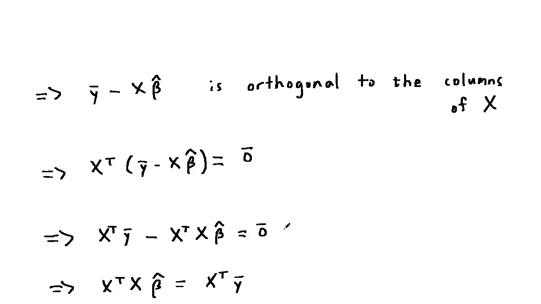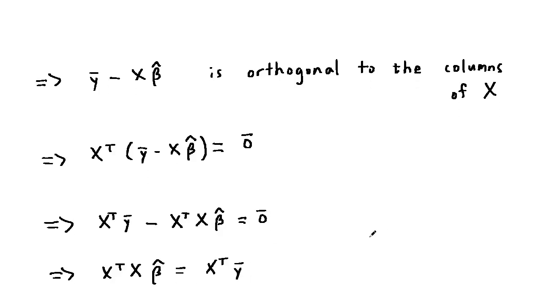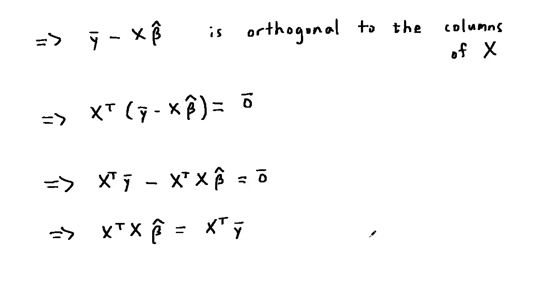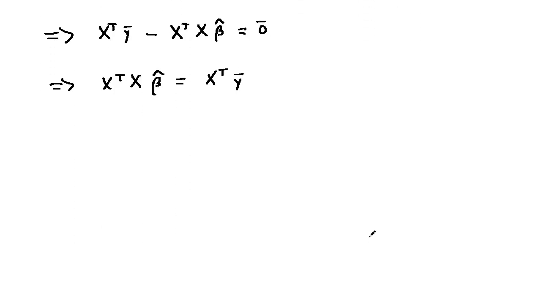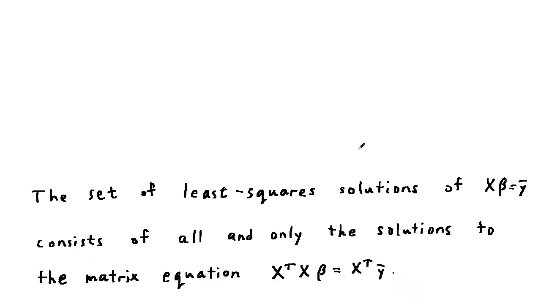Now bring this over to the other side, we get this. Thus, it turns out that the set of least squares solutions of X beta equals y consists of all and only the solutions to the matrix equation X transpose X beta equals X transpose y.